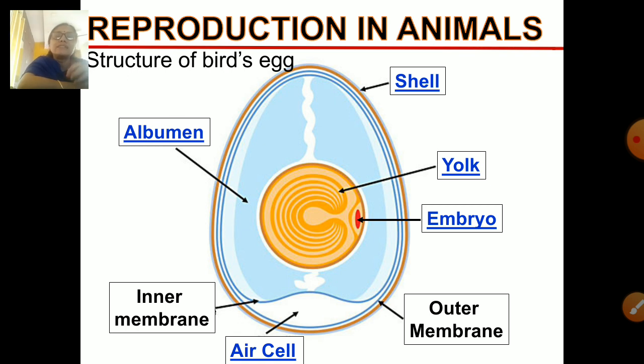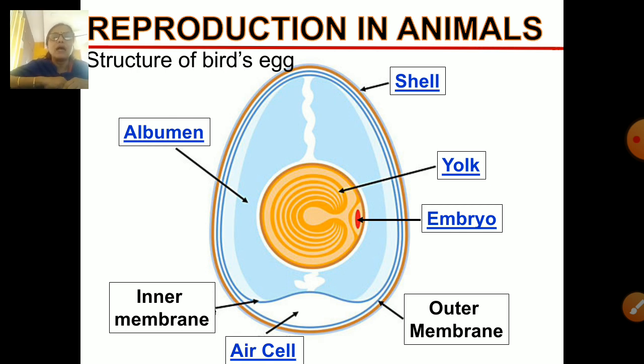When you break open the shell, inside is soft material, and in the center is the yellow colored material, that is called yolk. You must have seen it many times.